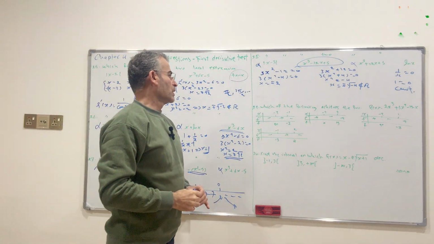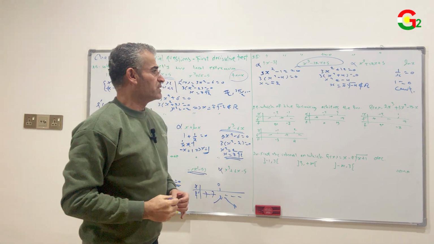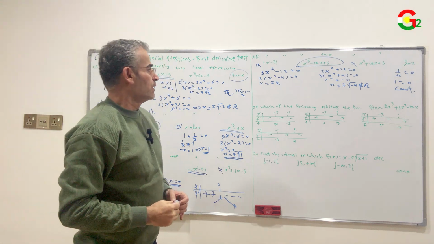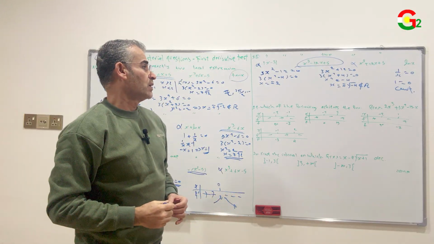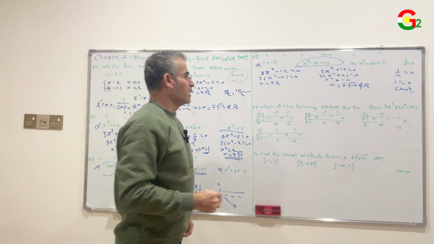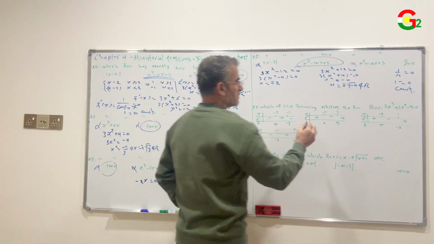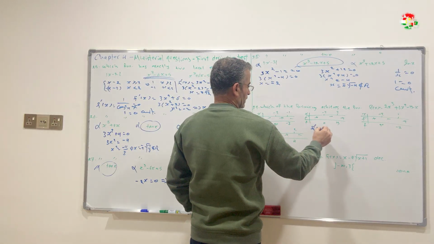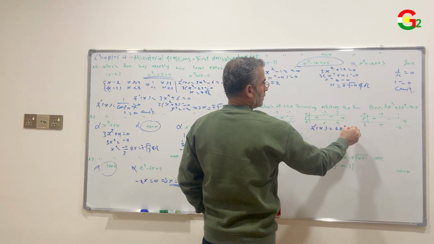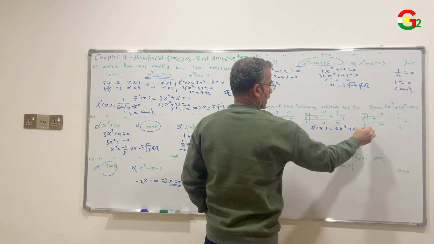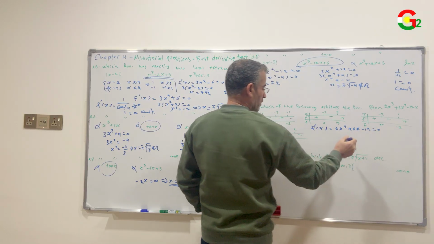Question number 29. Which of the following achieves the function f of x equals 2x³ plus 3x² minus 12x? Let us find the derivative of this function. f prime of x equals 6x² plus 6x minus 12. Set it equal to 0.